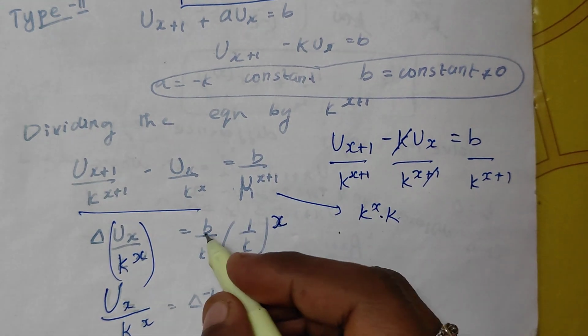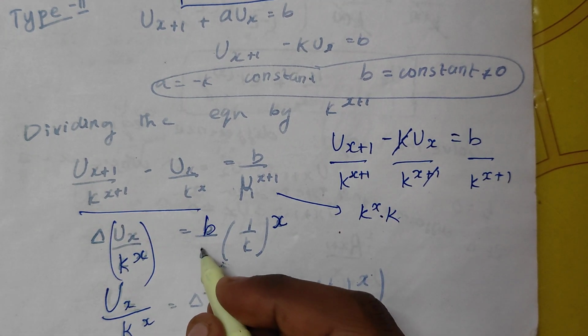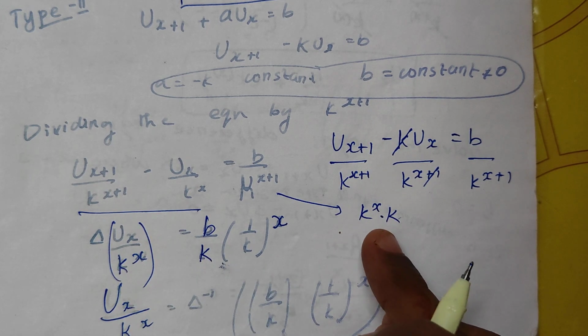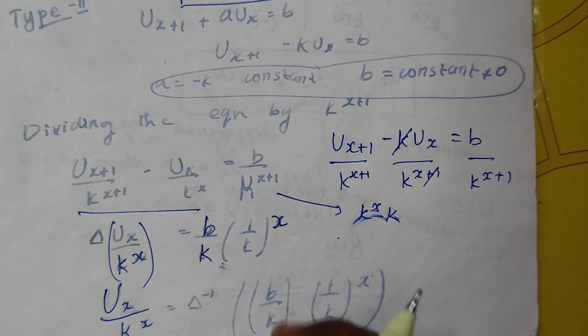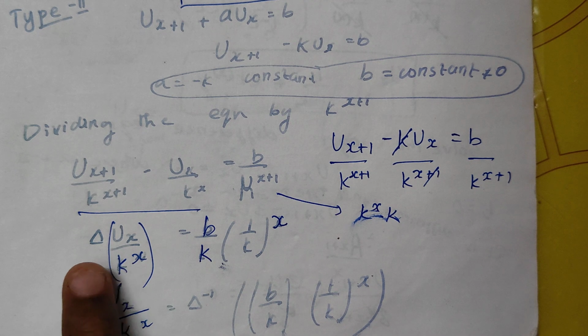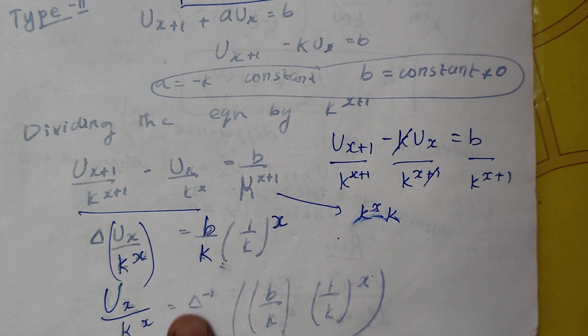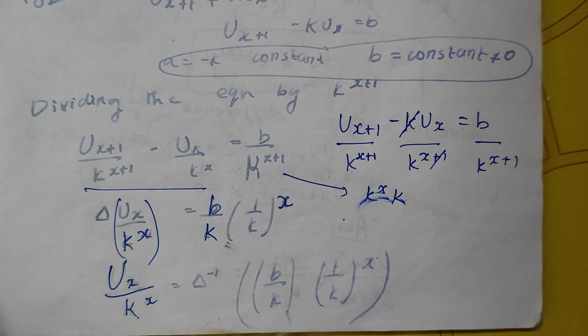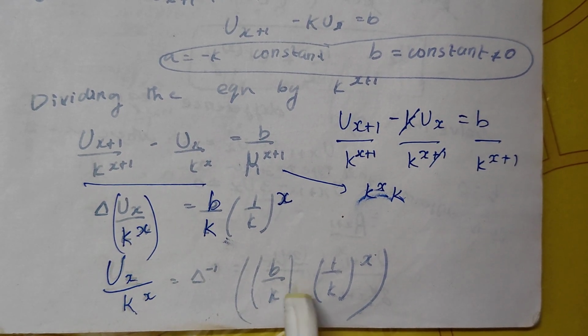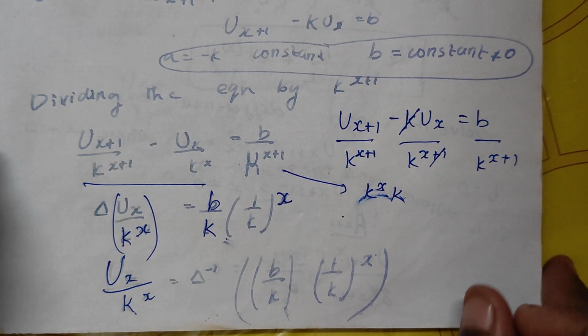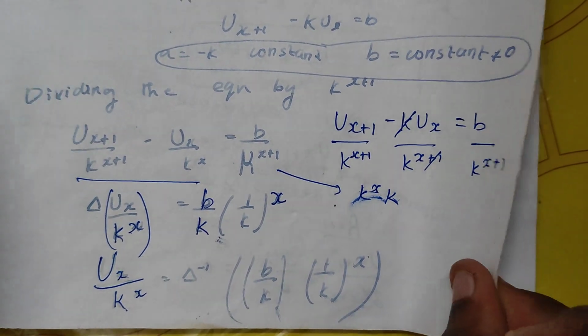In the numerator we have b, and denominator we have k. Here we have k power x, so 1 divided by k to the whole power x I can write. Then bring this delta to this side, so it will become delta inverse. In the next step, we get u(x) divided by k power x is equal to delta inverse of b by k into 1 by k to the whole power x.